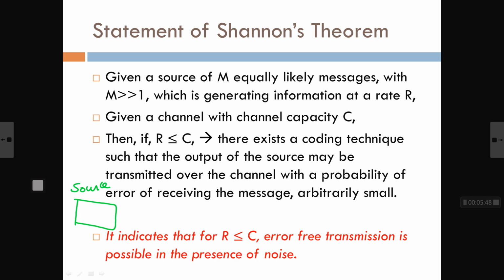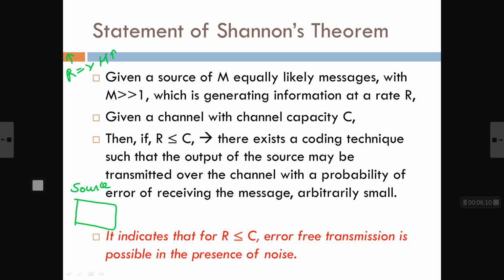Because whenever there are m equally likely messages, your entropy would be maximum in that particular case. So entropy would be maximum, and your information rate also would be maximum, because R is nothing but small r into H, and if H is maximum, R also will be maximum.